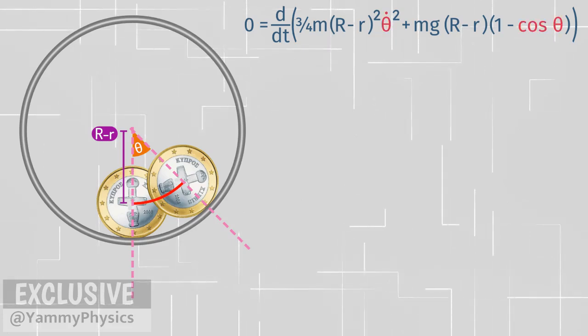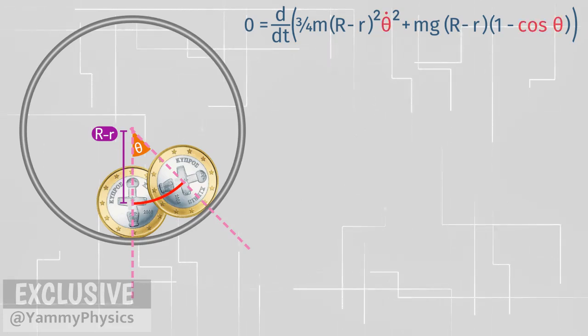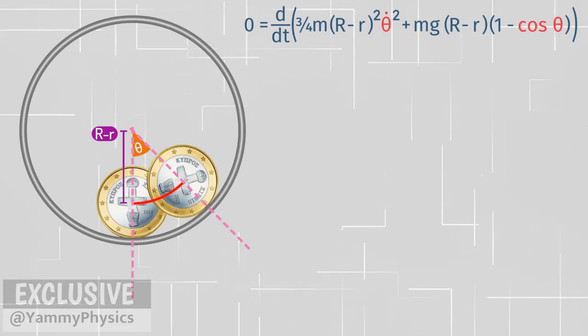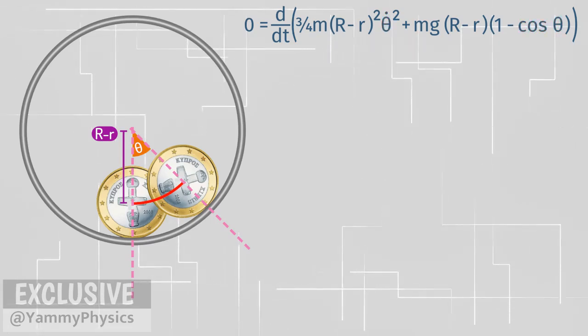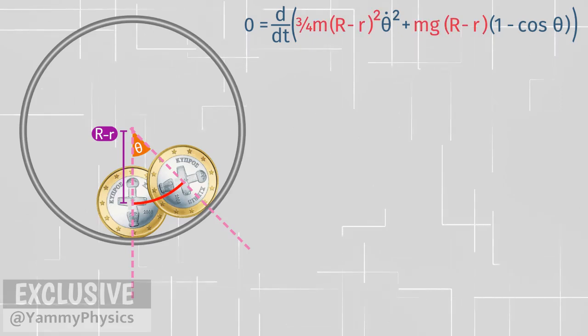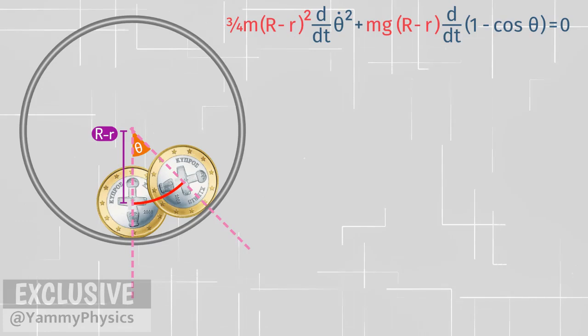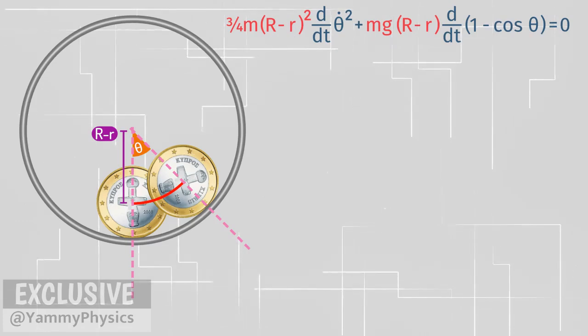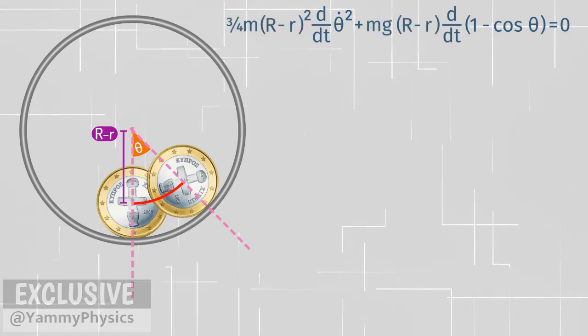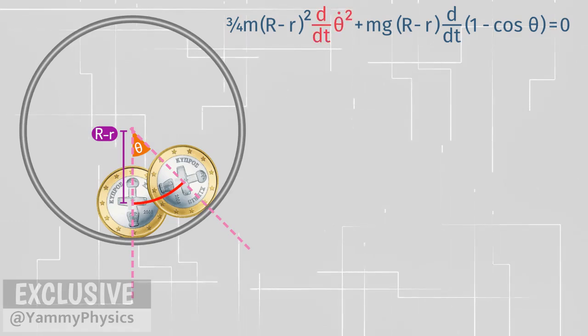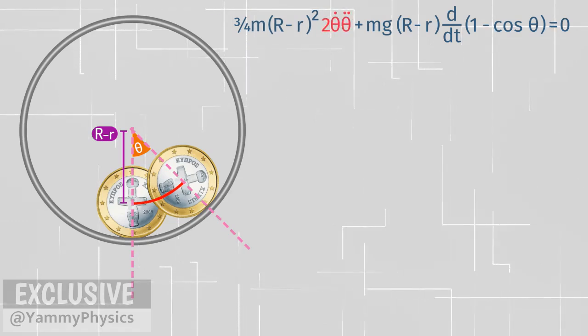However, this is not the case with angular displacement and angular velocity. These quantities depend on time. m, big R, and r have fixed values, so we can exclude them from the differential notation. The differential of theta dot squared is 2 theta dot, theta double dot.